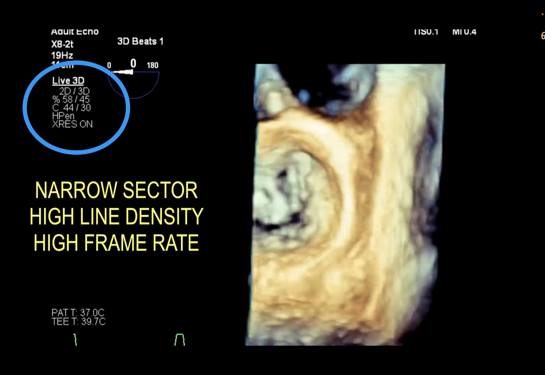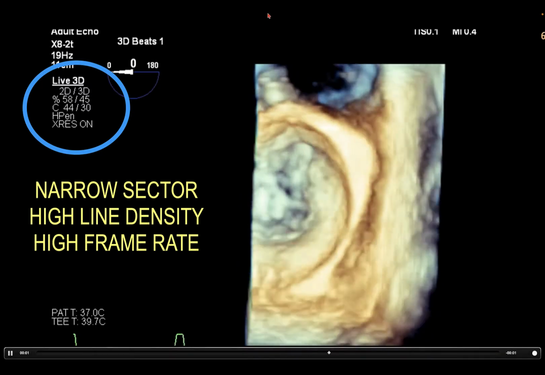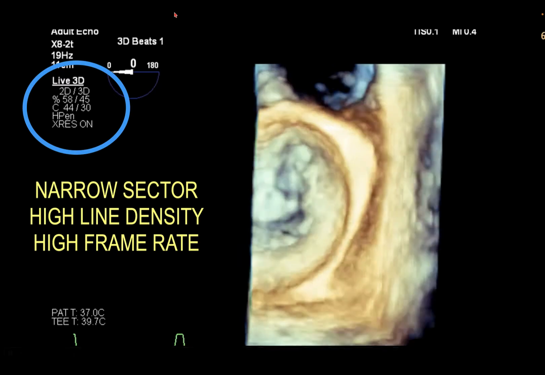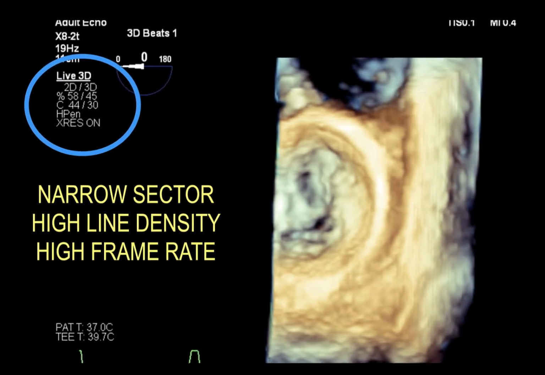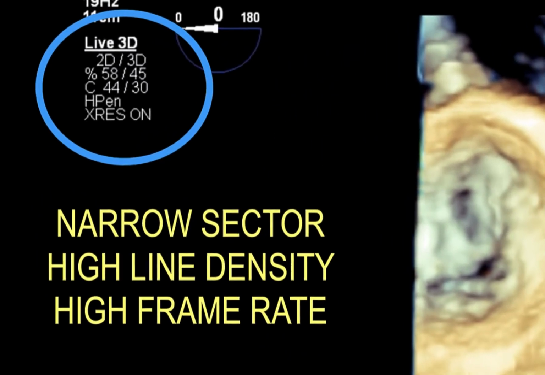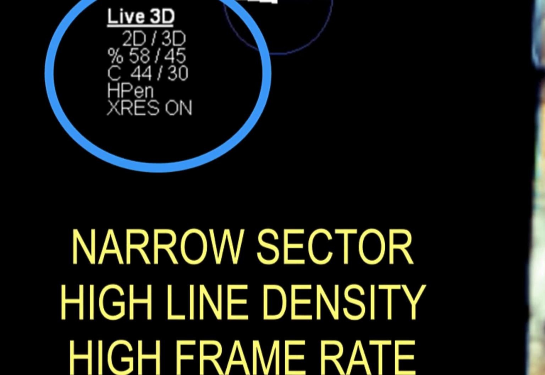So that's a great point. As you can see, I've highlighted the 3D and 2D settings of the machine, which I have changed from the initial image acquisition. First of all, this is a narrow sector, so obviously it's a higher line density and has a higher frame rate than a wider angle image.